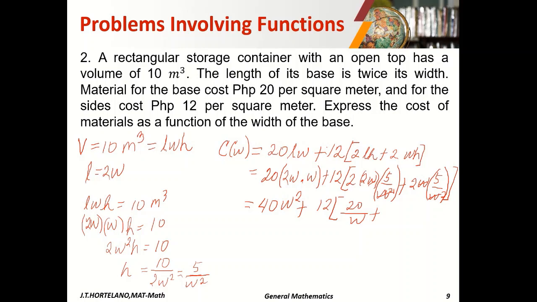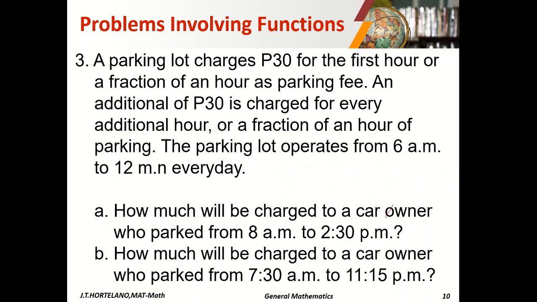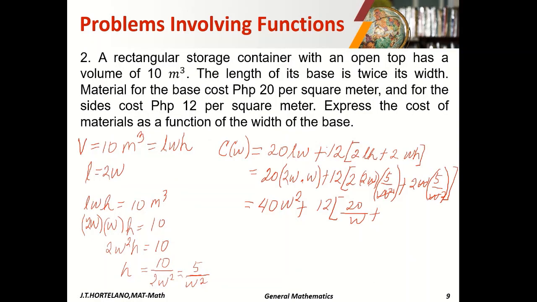So we have 20 over W plus 2 times 5 is equal to 10 over W. So copy, this is 40 W squared plus 12 times, since similar fractions sila, you can add the numerator. 20 plus 10 is 30 over W is equal to 40 W squared plus 12 times 30 is 360.